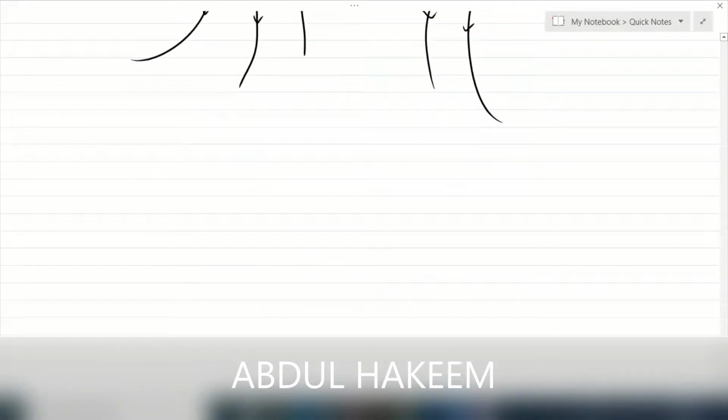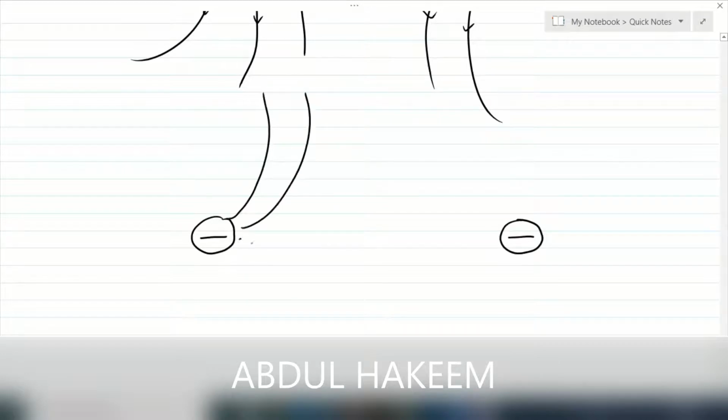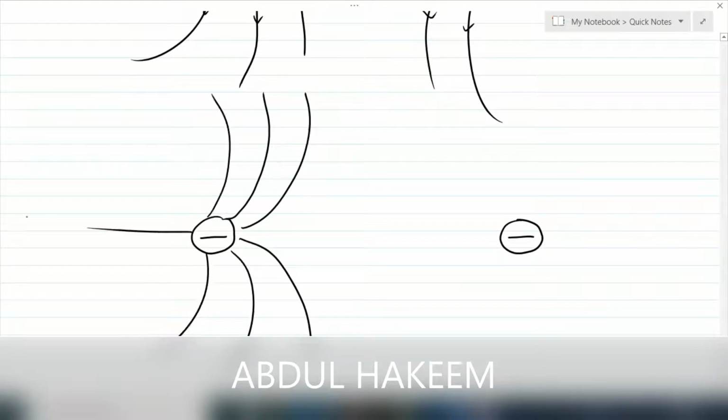So similarly, we can draw the resultant electric field for two negative charges. Again, repulsive. Same pattern as for the two positive, the only difference is of direction.